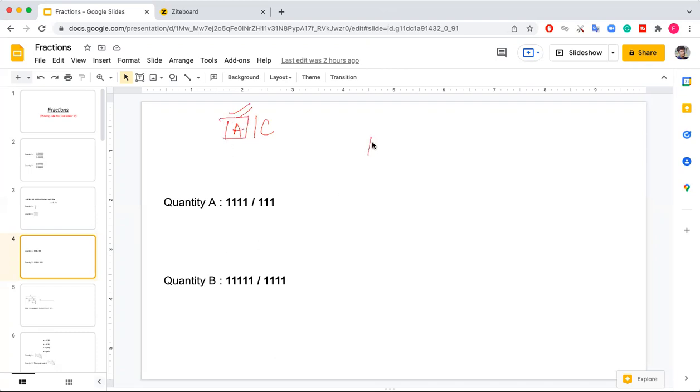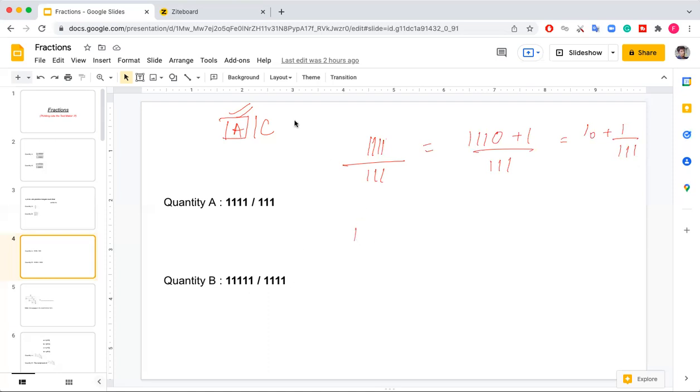Again, we have 4 times 1 divided by 3 times 1. Can you write this as 1110 plus 1 over 111? So this will be 10 plus 1 divided by 111, right?